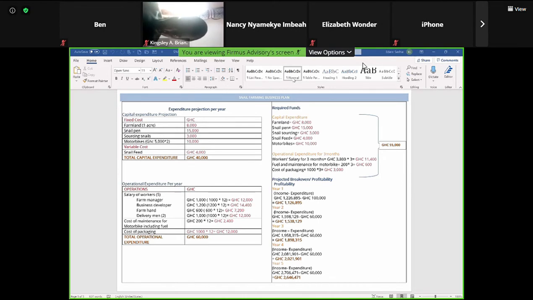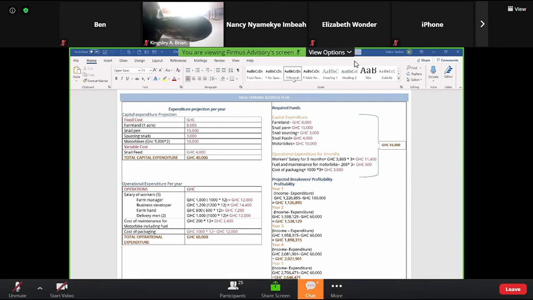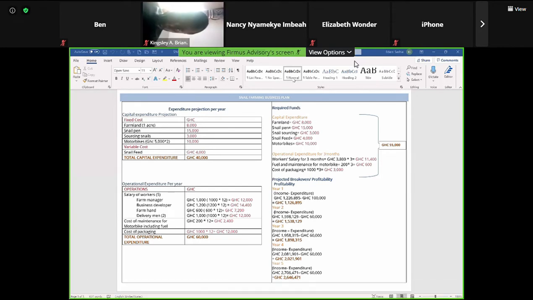And then once we begin to do the negation of the expenditure from the revenue, we begin to see how profitable the business is, and then we will be able to calculate at what pace we will break even.